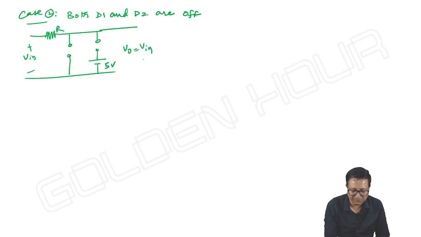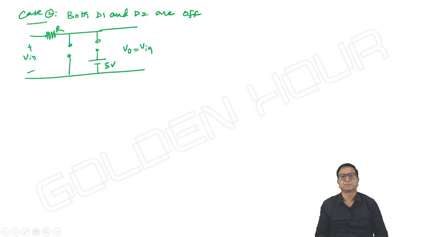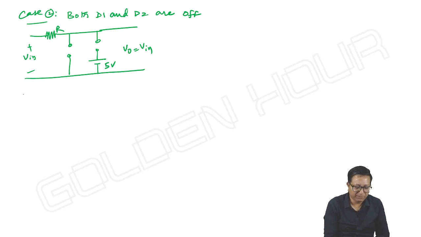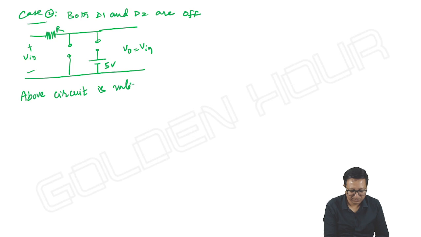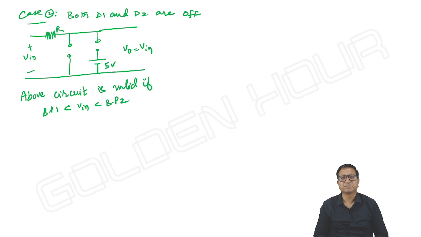What is V output? V input. And the above circuit is valid if breakpoint 1 is less than V input, less than breakpoint 2. Similar to the previous one. Next.